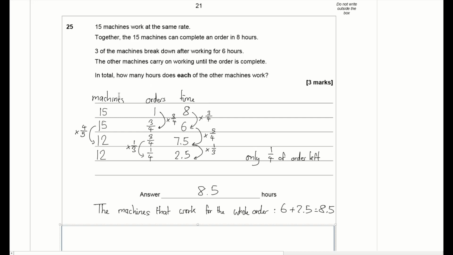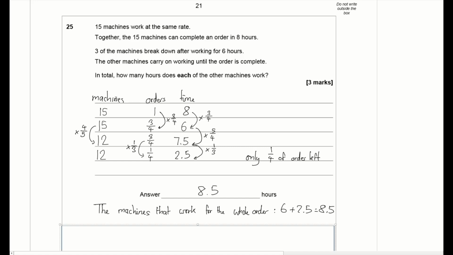They'll do exactly the same. If we consider orders and time, if you've got more orders to complete, it will take longer to complete the orders. So orders and time are directly proportional also. But if we consider machines and time, if you've got more machines, you're going to complete the order in less time. So machines and time are actually inversely linked. They will do the exact opposite.